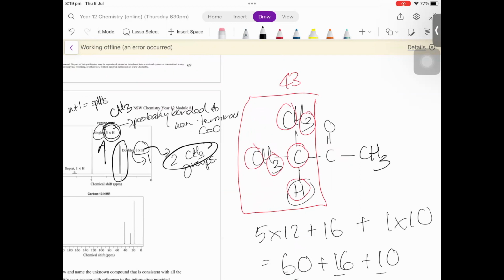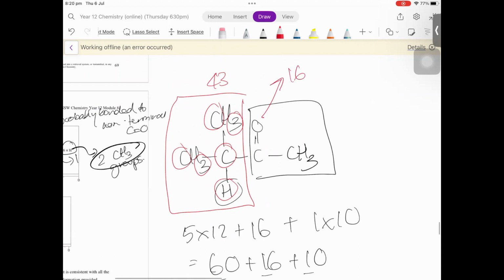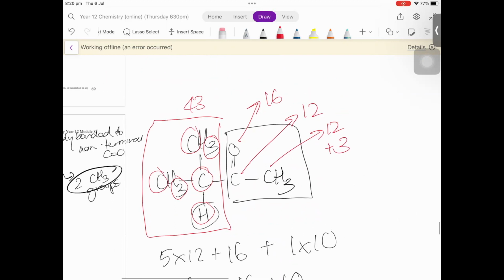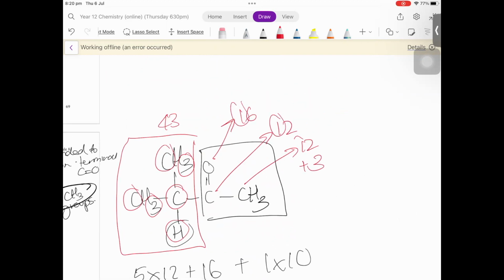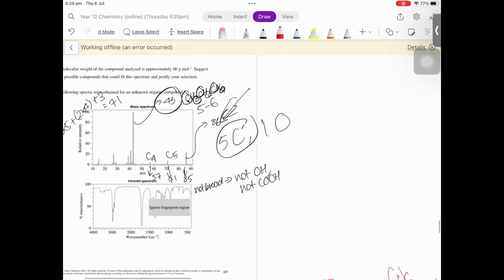And then you can also check for yourself. There'll also probably be fragments for something like this as well. So this fragment is 16 plus 12 plus 12 plus 3, so that's going to be 30 plus 36 plus 2 plus 2 plus 3, which is 43. Okay, so this fragment on the right is 43, and oh wow, they're both 43.